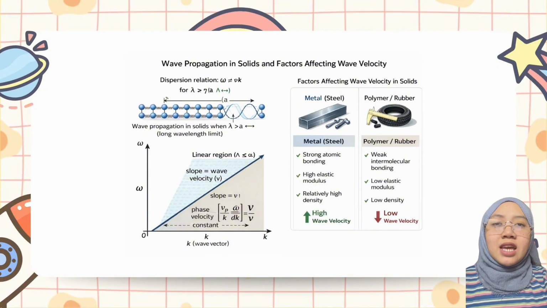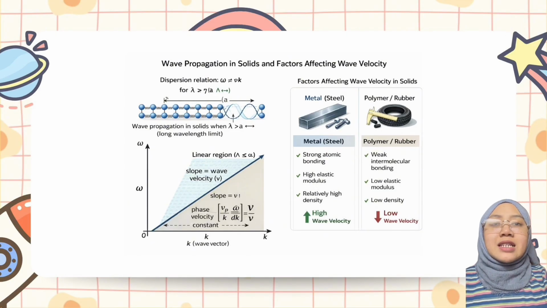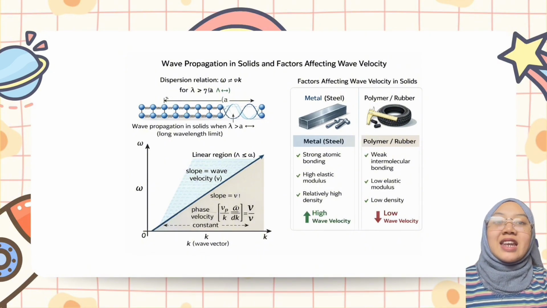Even though they are lighter, the lack of stiffness causes waves to travel much more slowly. So, overall, this image shows that wave speed in a solid depends mainly on elastic stiffness and bonding strength, and that in the long wavelength limit, waves travel with a constant velocity.